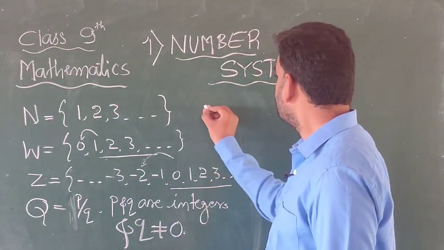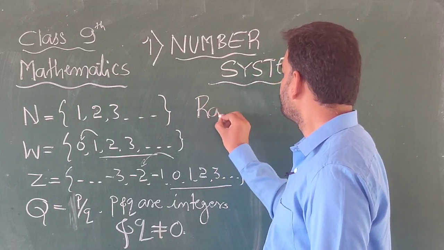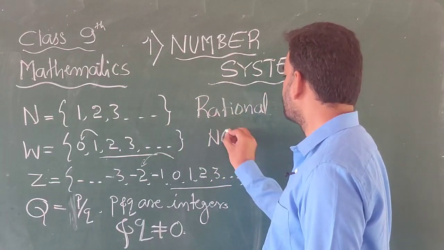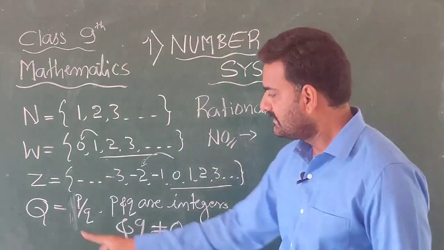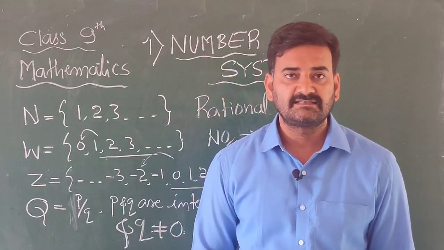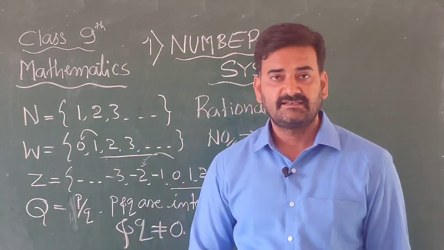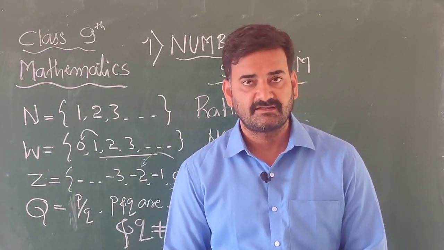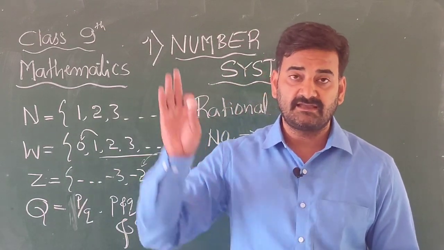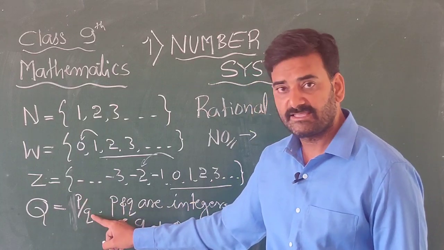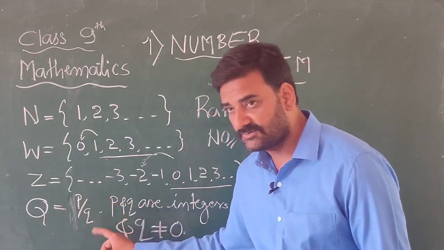Rational number. Q is indicated as a rational number, and the definition: what is the meaning of rational number? Rational numbers are those numbers which are in the form of p by q. Please observe here, p by q.